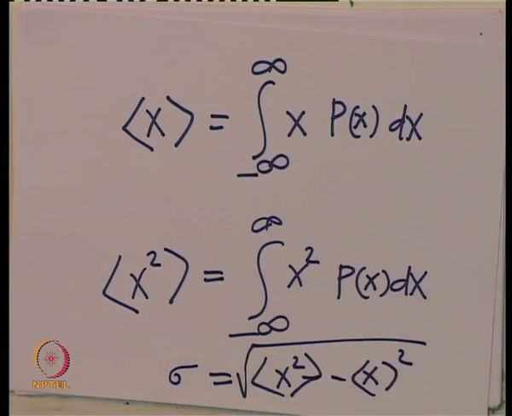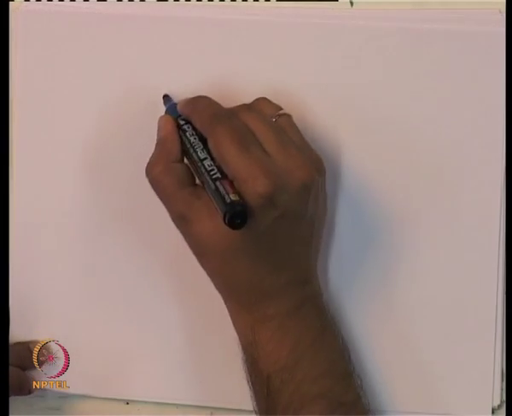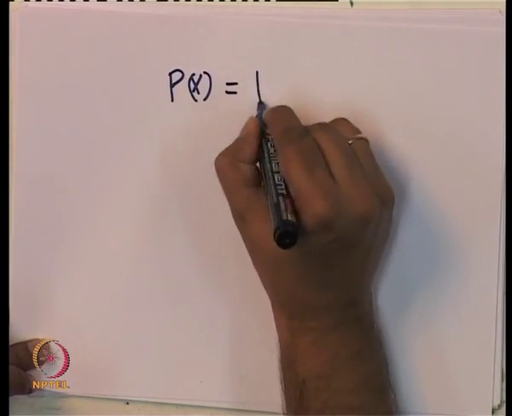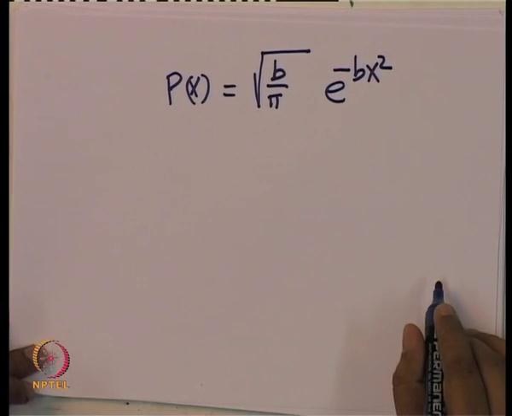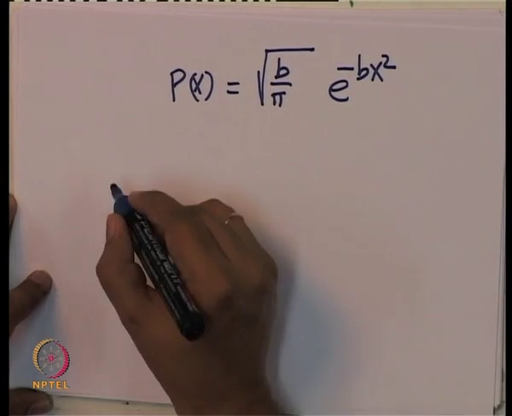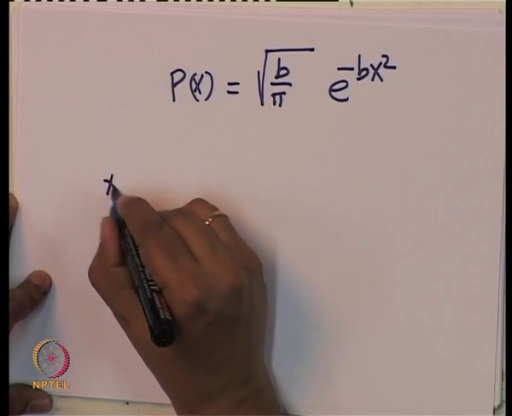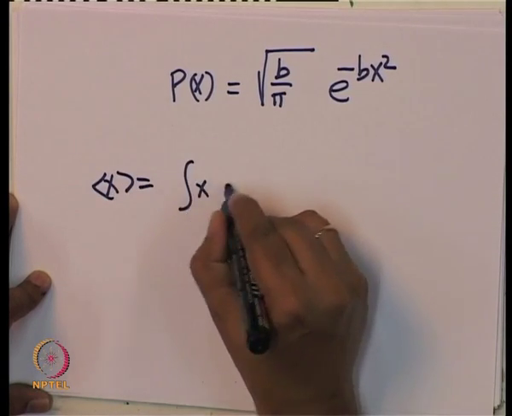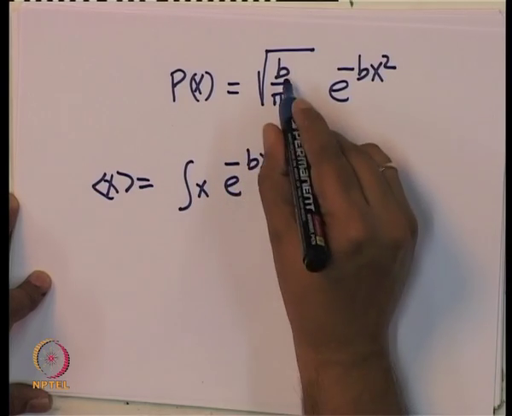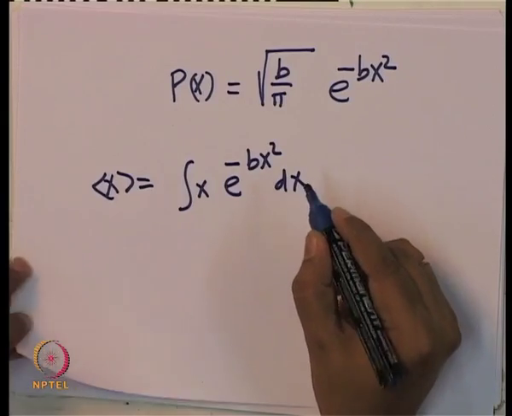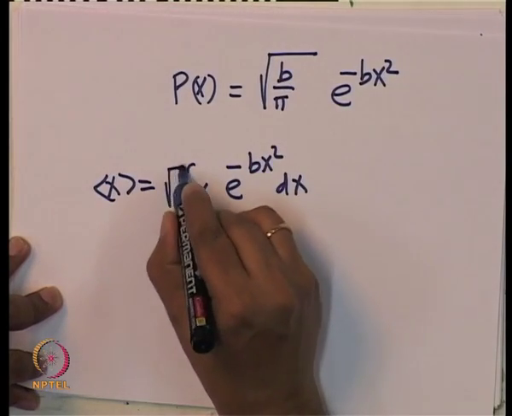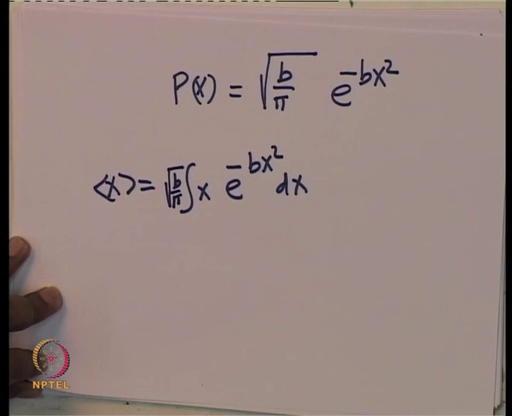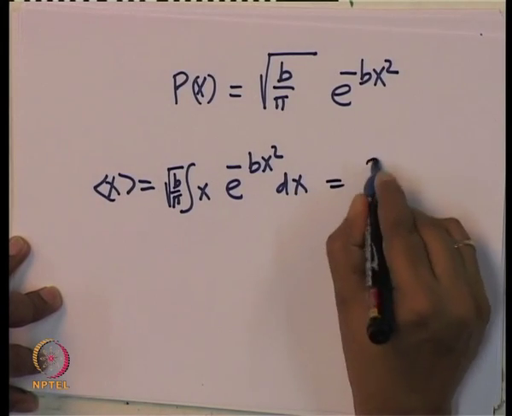We have a P of x here, which is root of b by pi e power minus b x square. Now, what is x average? It is the integral of x e power minus b x square dx, with root of b by pi, which is a constant, written outside. What is the answer of this?